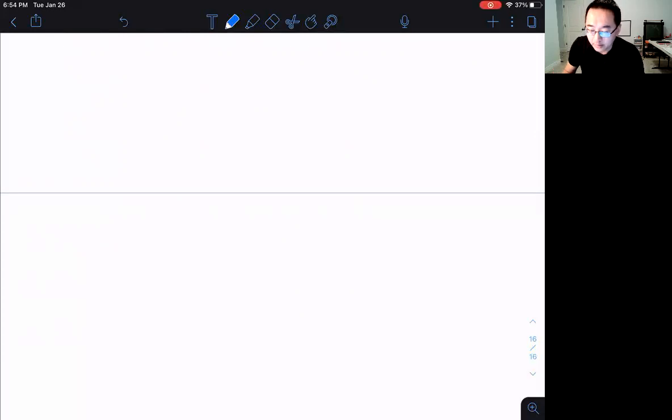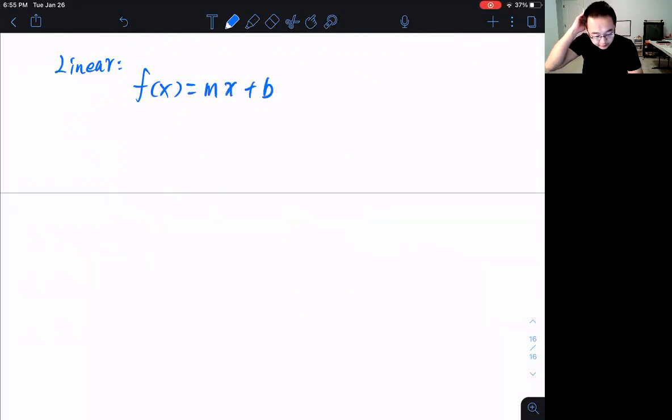In a very general form, the linear function is f of x equals mx plus b. The power of x is 1, because power 0 makes it a constant.